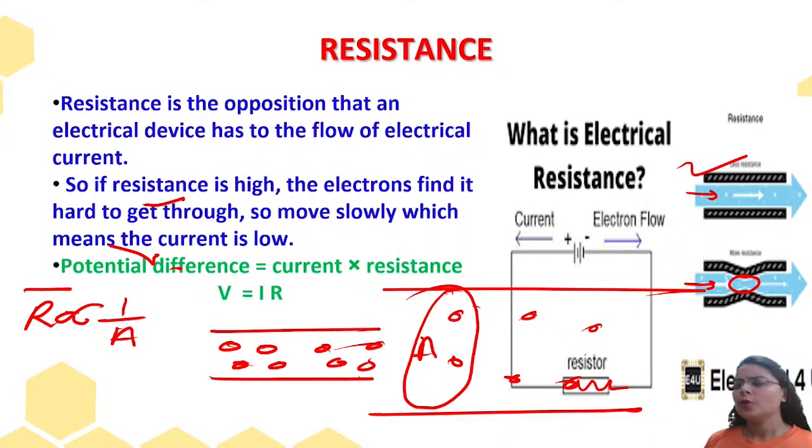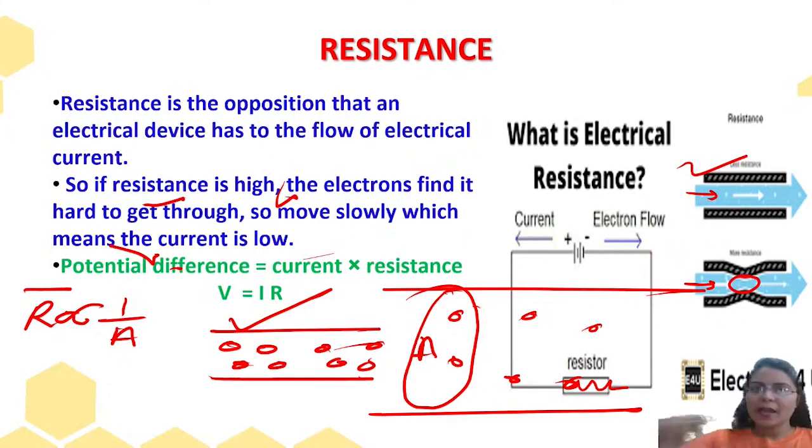Now I say you need to cross this whole 15 kilometers of highway with this much of traffic. What will happen? The resistance will increase, because it is not necessary that they collide only once or twice. For 1 kilometer, they collide 2 times; for 15 kilometers, they will collide 30 times.